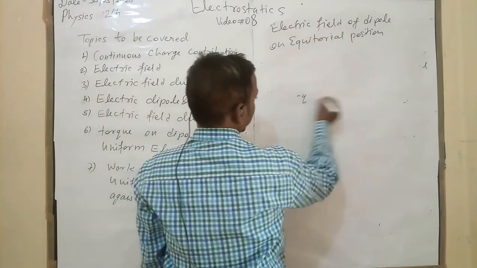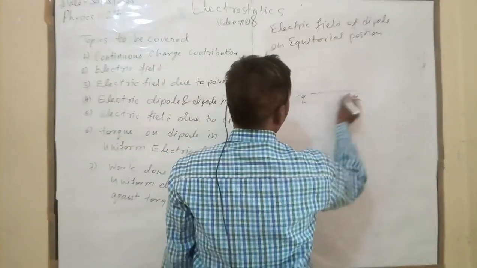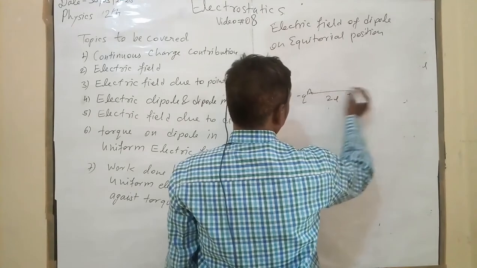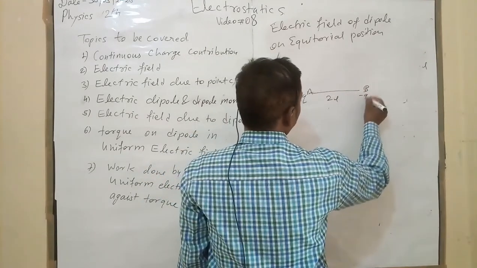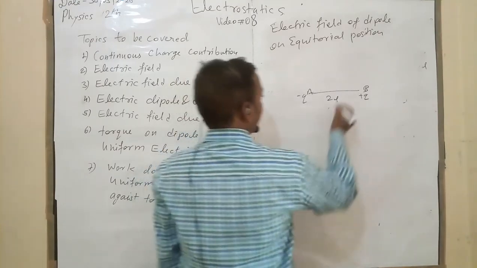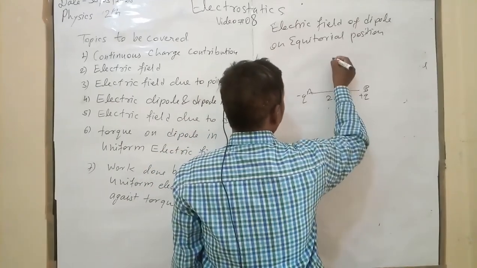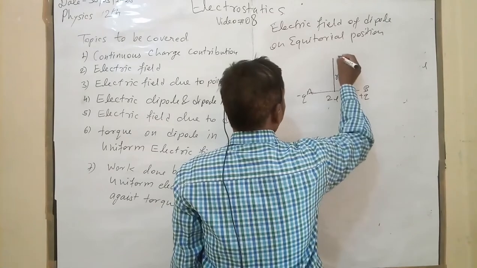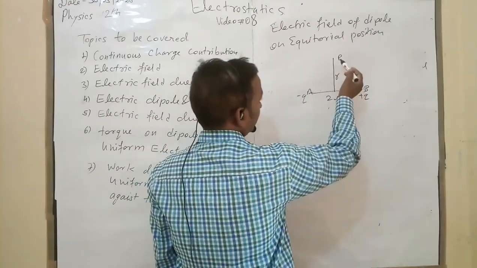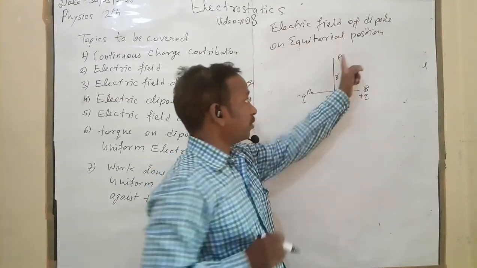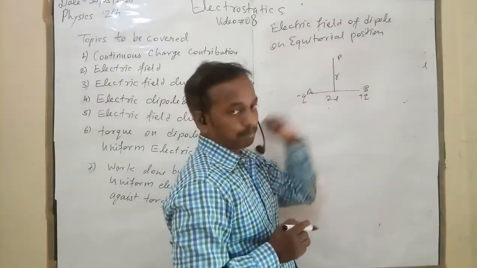Suppose there is a dipole and the distance between the charges is 2L. From the midpoint take a point P at distance R. So we have to find out the electric field at point P due to minus Q and plus Q.